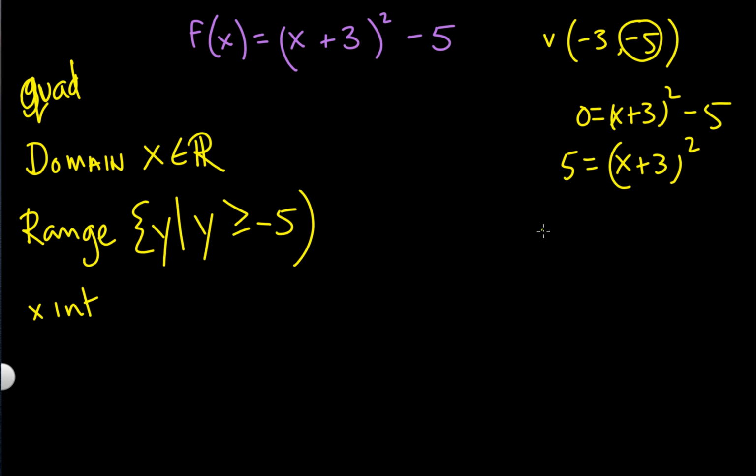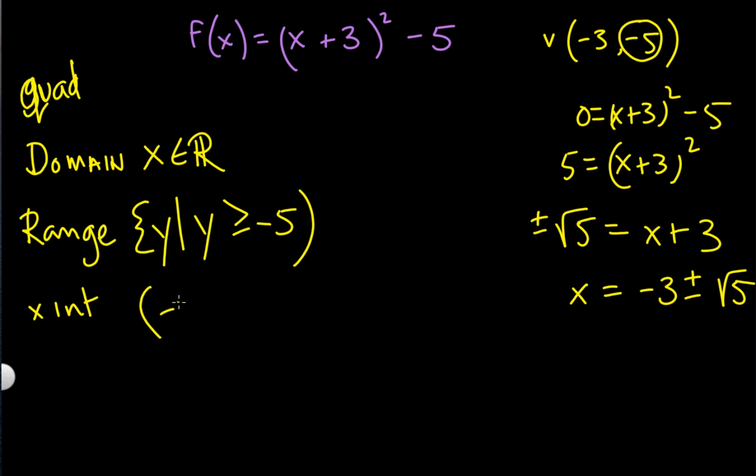Take the square root of that. We get plus or minus the square root of 5 is equal to x plus 3. So my x-intercepts are going to be -3 plus or minus the square root of 5. So -3 plus or minus the square root of 5.